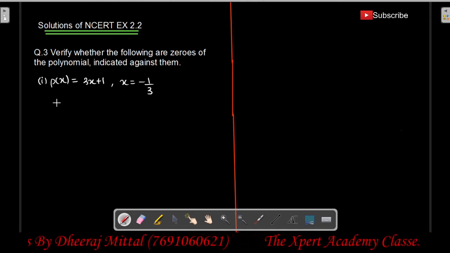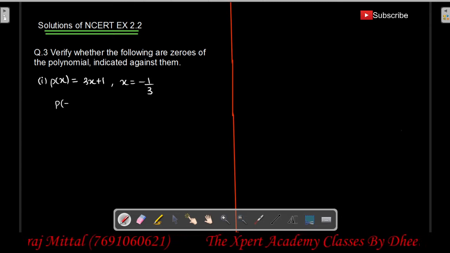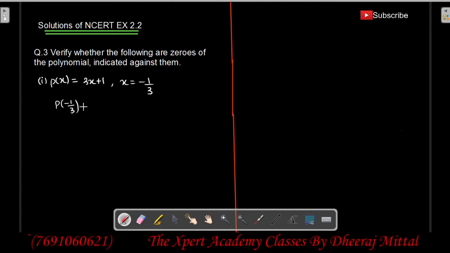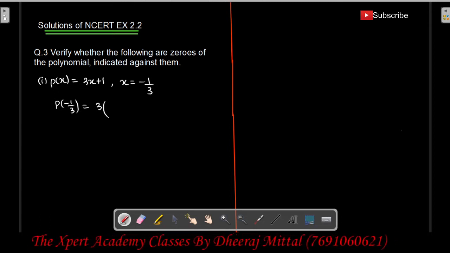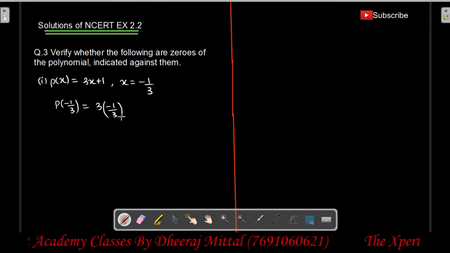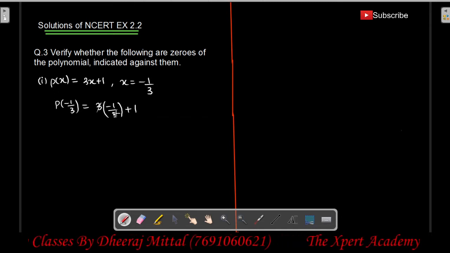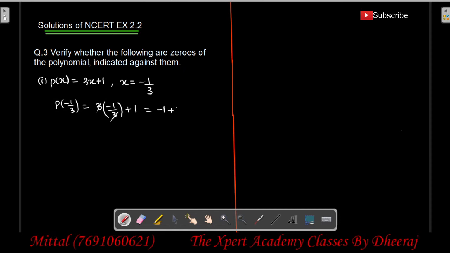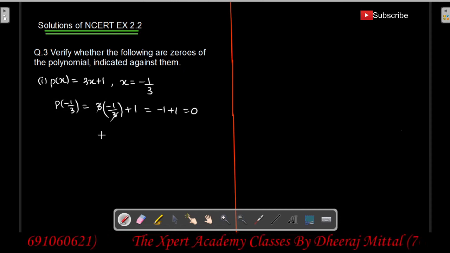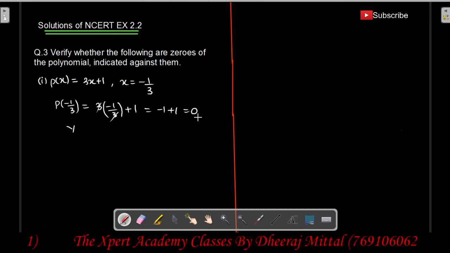So on putting x is equal to -1 divided by 3, we get 3 into -1 divided by 3 plus 1. So 3 is cancelled out by 3. So it will be equal to -1 plus 1, that is equal to 0. So the answer will be 0.